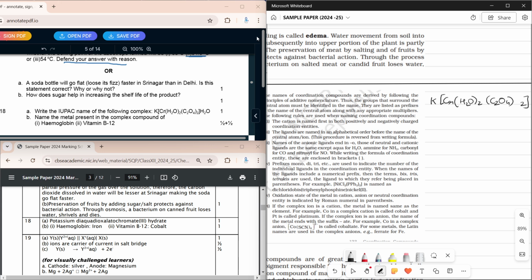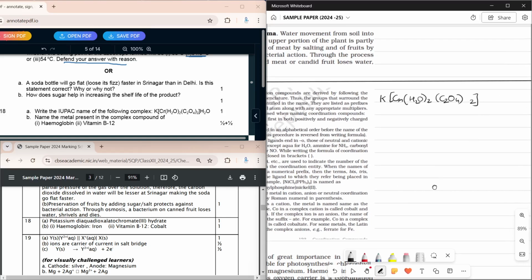And then you have H2O. Right, so this is the question. So first of all, the cation is named first, so that is going to be potassium. The next ones are going to be our ligands. So the ligands over here, you have water, which is going to be called aqua.